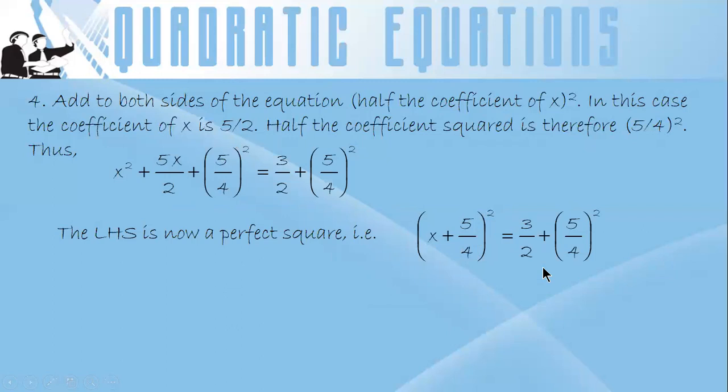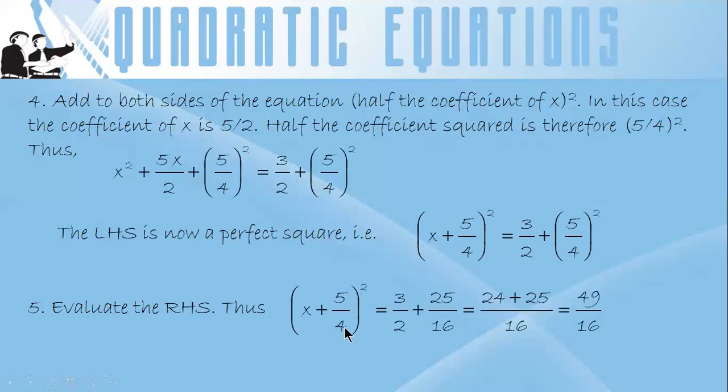Next is to simplify the right side. Evaluate the right-hand side and you have this. 3 halves, 5 squared is 25, 4 squared is 16. And then, how about the LCD? 16. 16 over 2 is 8, times 3 is 24, plus 25, and you'll have 49 over 16.